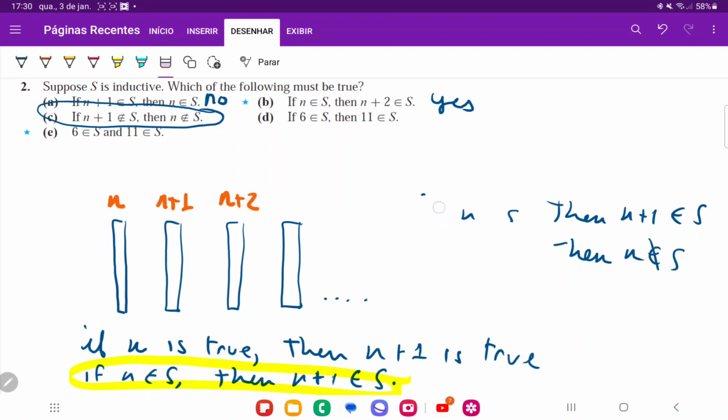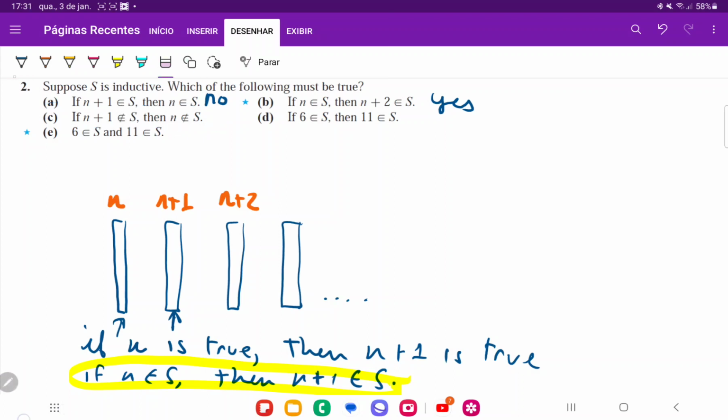And we know that the contrapositive is logically equivalent to the statement. And that is in fact true because if the set S is inductive and n plus 1 is not there, it must mean that n is not there. Because if n were there, then it would guarantee that n plus 1 would be in that set. That's how the inductive property works. So the fact that n plus 1 is not there definitely means that n is not there as well. So that's going to be yes.